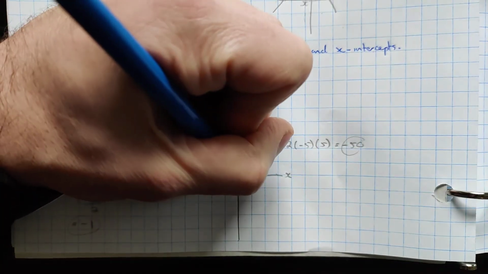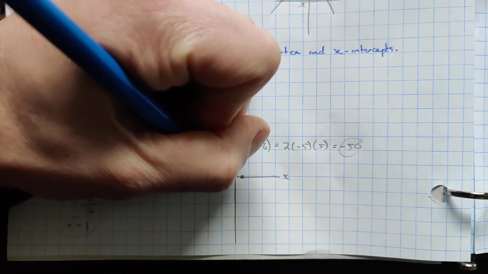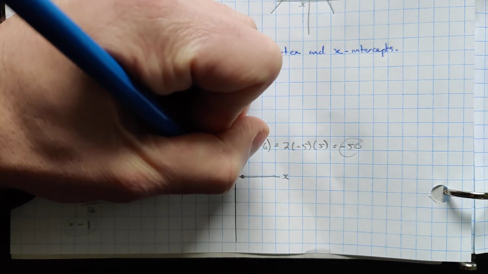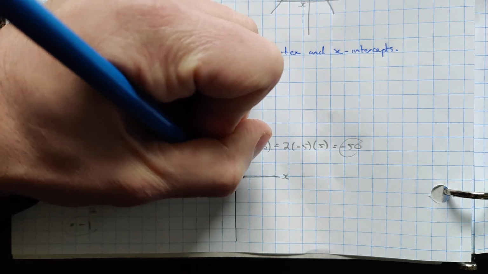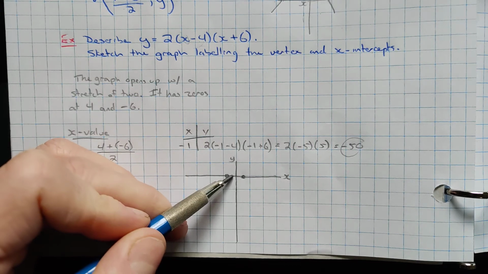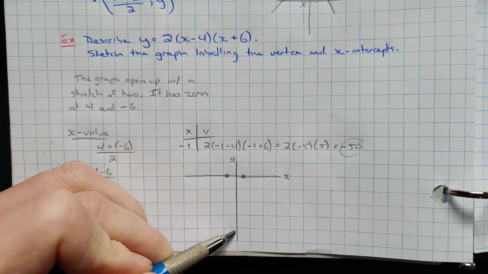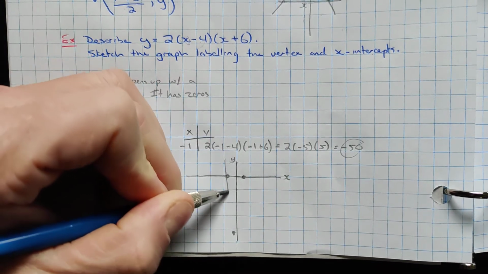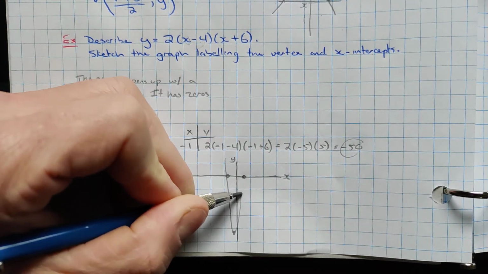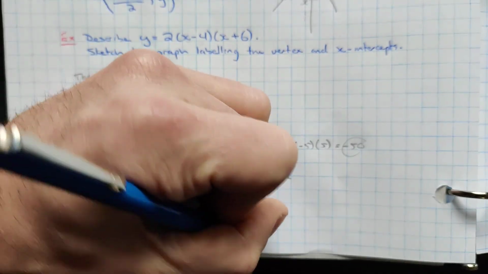So we have a point here at 4 and then a point at -6, so maybe just a little bit more over, something like that. And then we're looking at an x value of -1 and -50, so down here somewhere. So we have this very narrow graph, and we can label these.